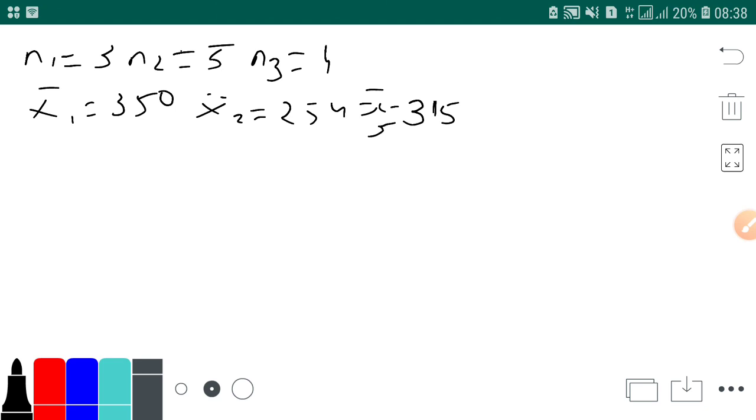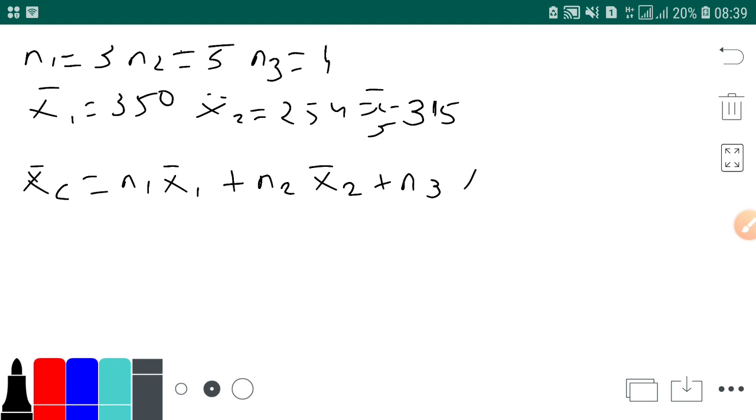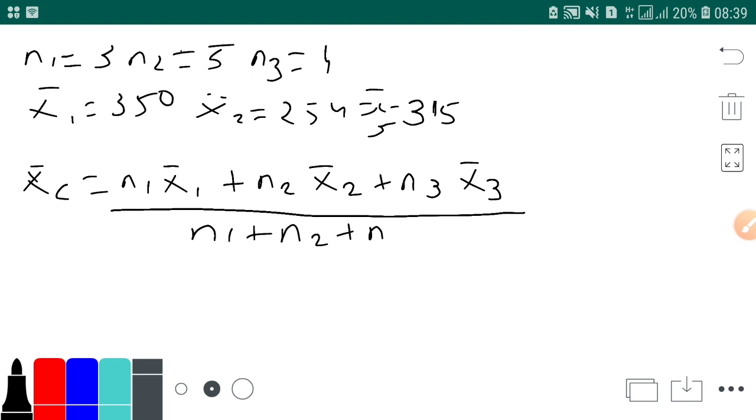Now let us write the formula. Combined mean x bar c is equal to n1 x bar 1 plus n2 x bar 2 plus n3 x bar 3 upon n1 plus n2 plus n3.